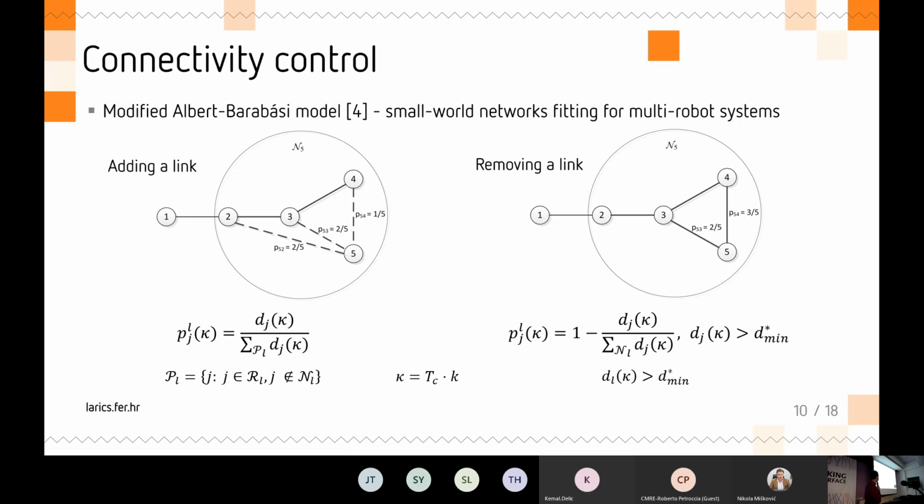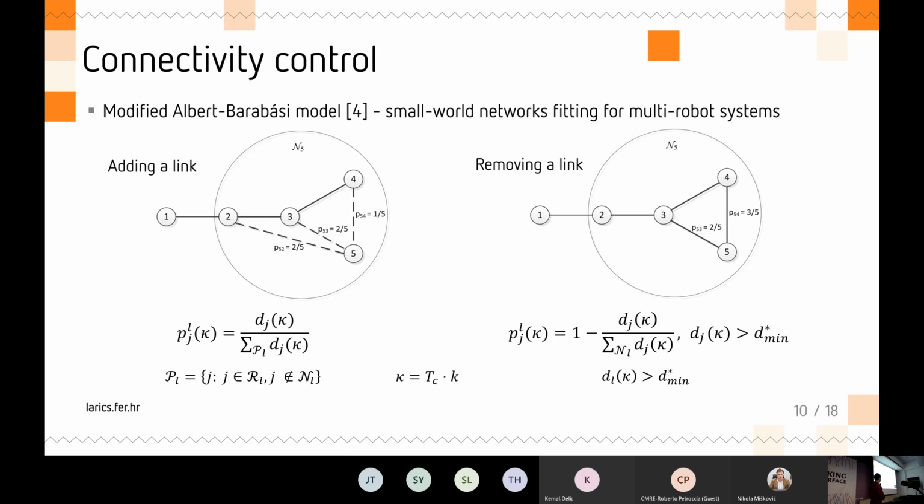Then we use this modified Albert-Barabasi model. This is a model that creates scale-free networks. Those networks are fitting for modeling multi-robot systems. And then the link creation and removal is dependent on some kind of probability, and this probability is calculated depending on the degrees of each node in the system.